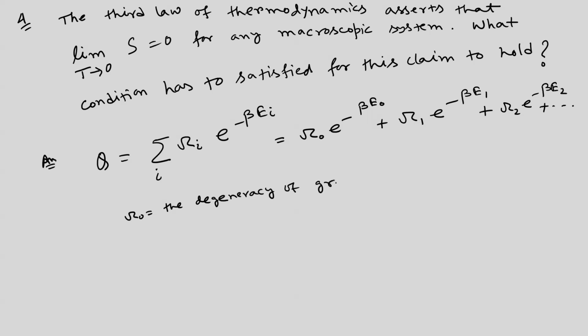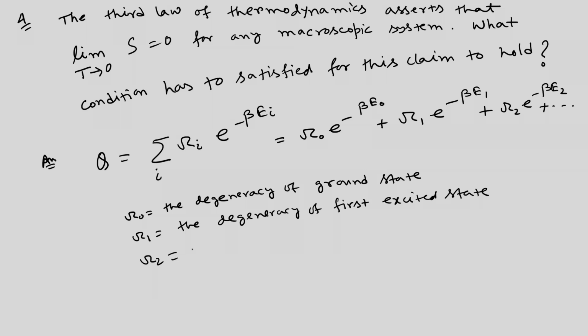So here omega 0 is the degeneracy of the ground state, omega 1 is the degeneracy of the first excited state, omega 2 is the degeneracy of the second excited state, and so on.